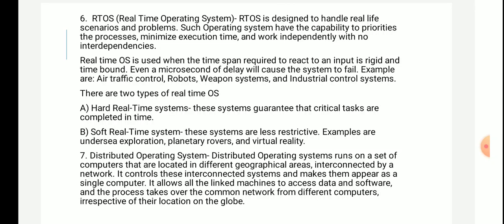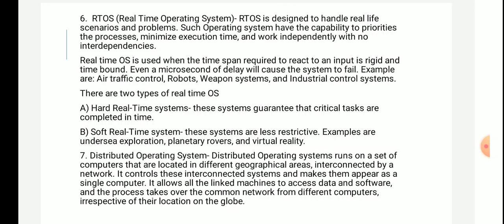Now these RTOS are of two types. One is the hard real-time system and the other is the soft real-time system. Hard real-time systems are those where critical tasks are completed on time. We have to complete all the tasks on time; not even a nanosecond delay is accepted.